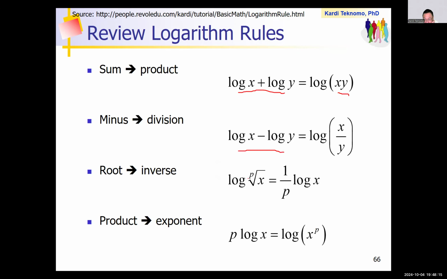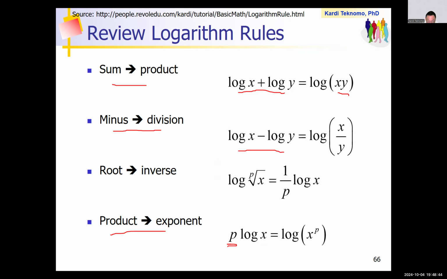If you have a root, that is the same as 1 over p multiplied by log x. If you have x exponent p, then the p can come down and become multiplication. From product you can make it into a sum, from the root you can make it into an inverse, and from division you can make it into a minus.